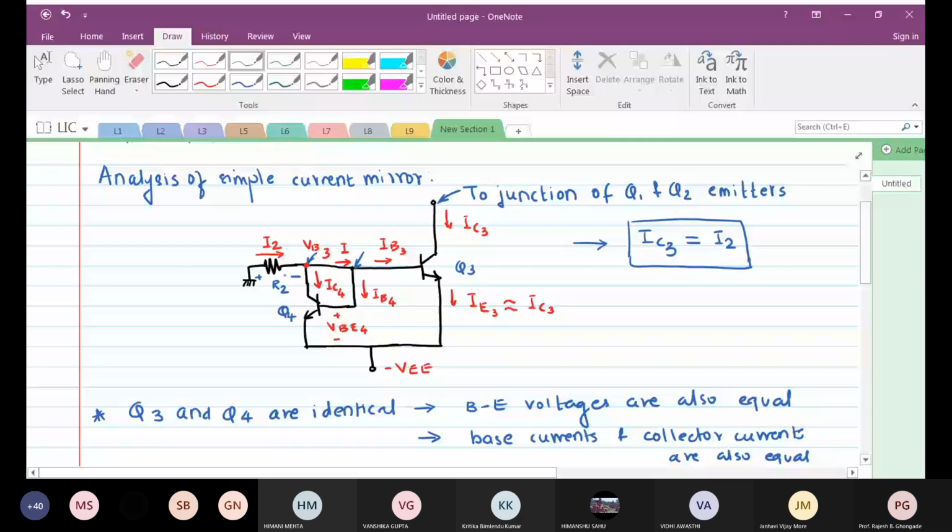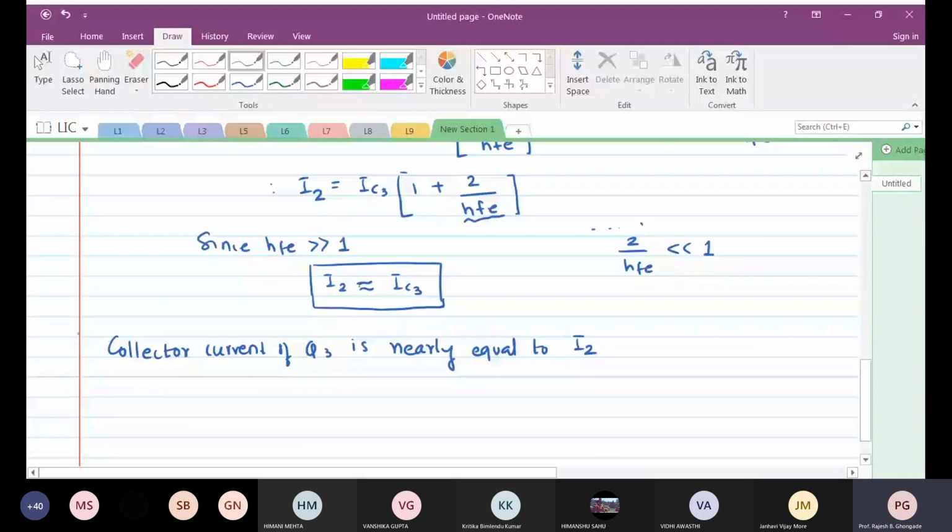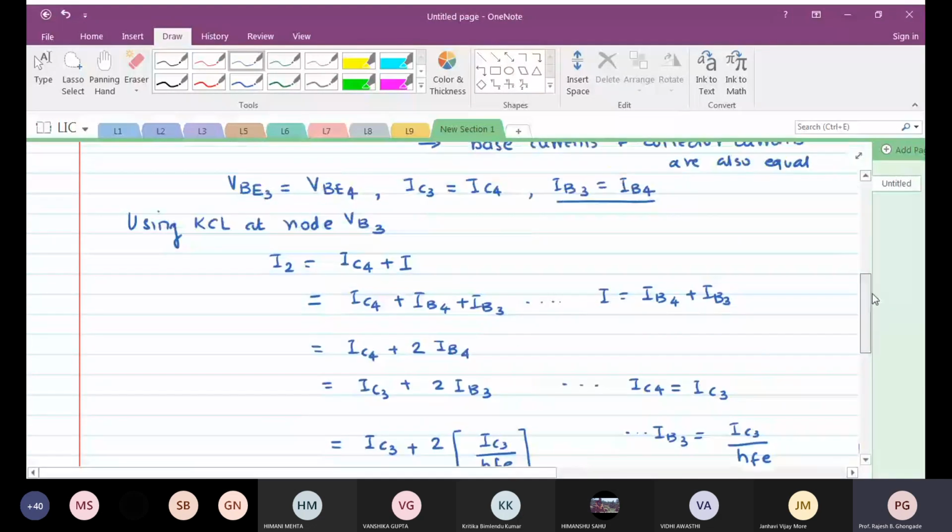Using KVL for the base emitter loop of Q4. Tell me, what do you see?